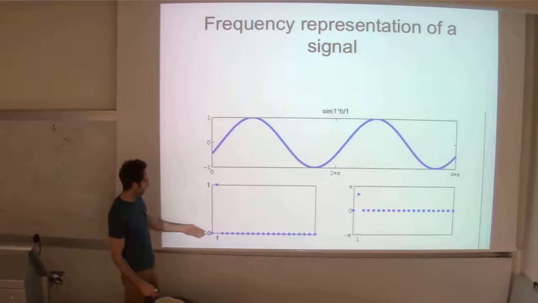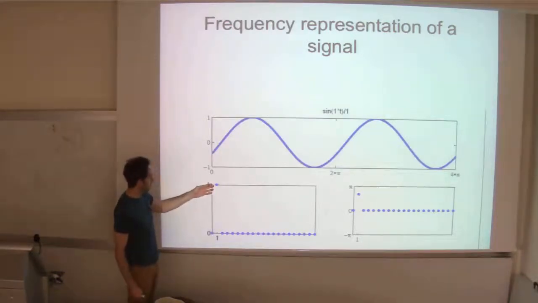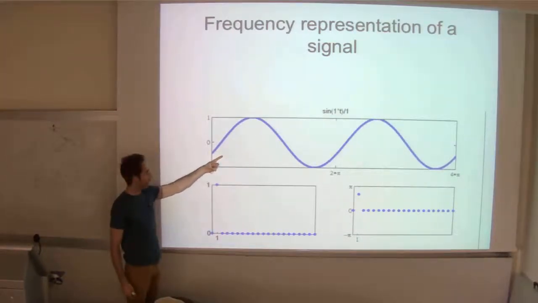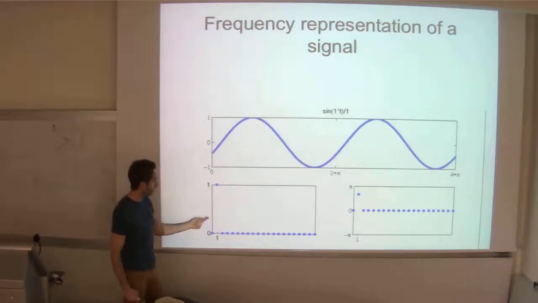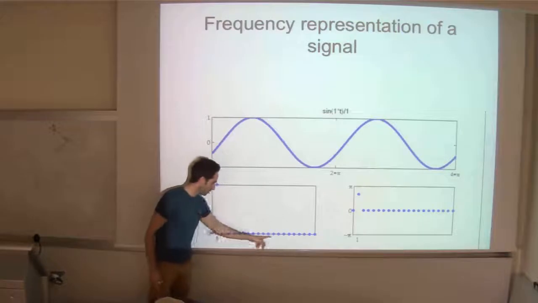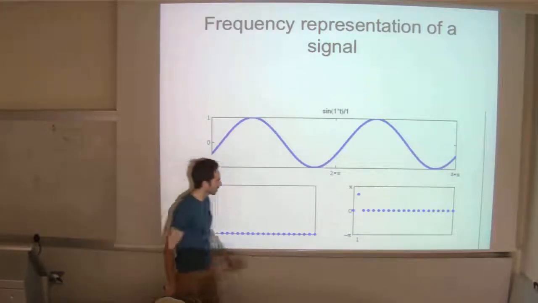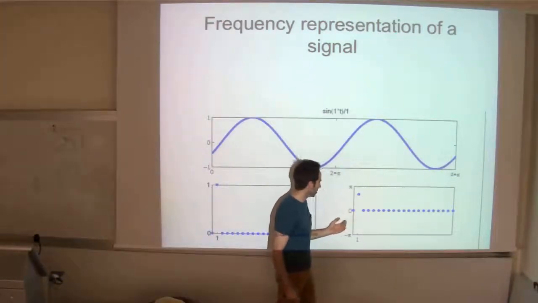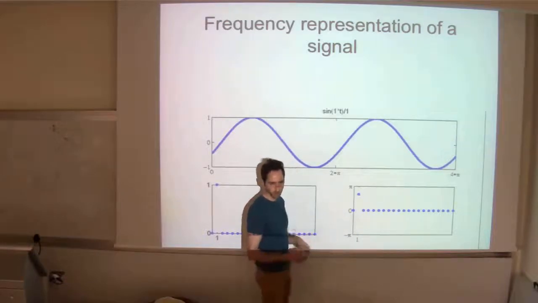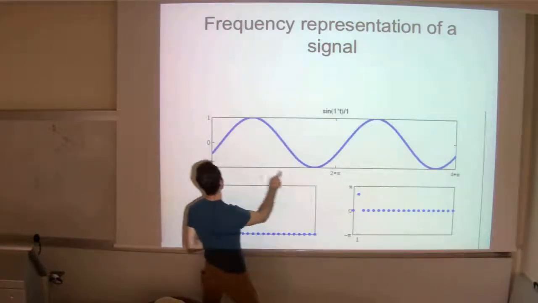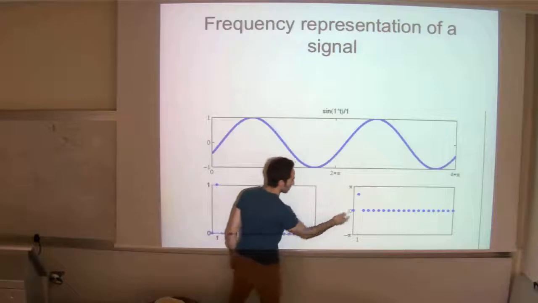So this represents the amplitude and the frequency of this signal. This signal has inside it only one sine, and all the other frequencies are 0: one sine with 1 hertz and amplitude 1. This panel represents the phase of the sine. Because it doesn't start at 0 or 1, it has some phase.